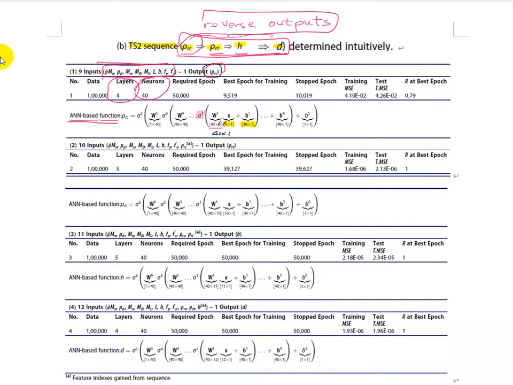So we have used the tanh activation function here, because tanh is the default activation function in Matlab. We have used a Matlab toolbox to train these big data sets. To train big data sets, use a Matlab toolbox.